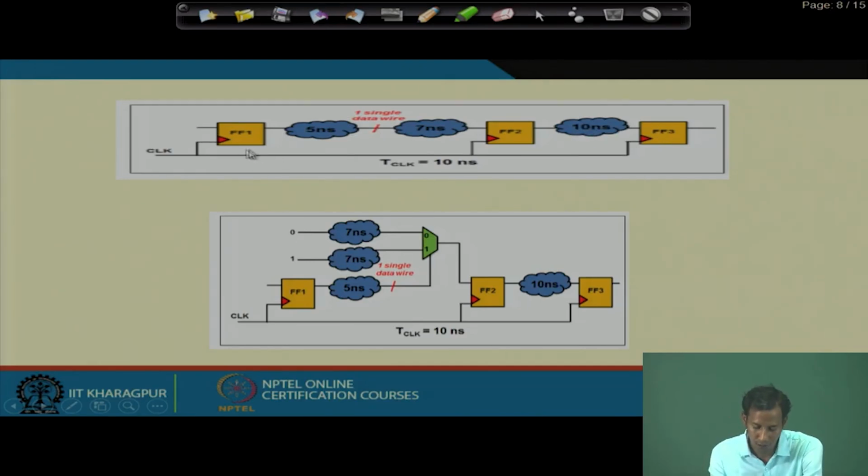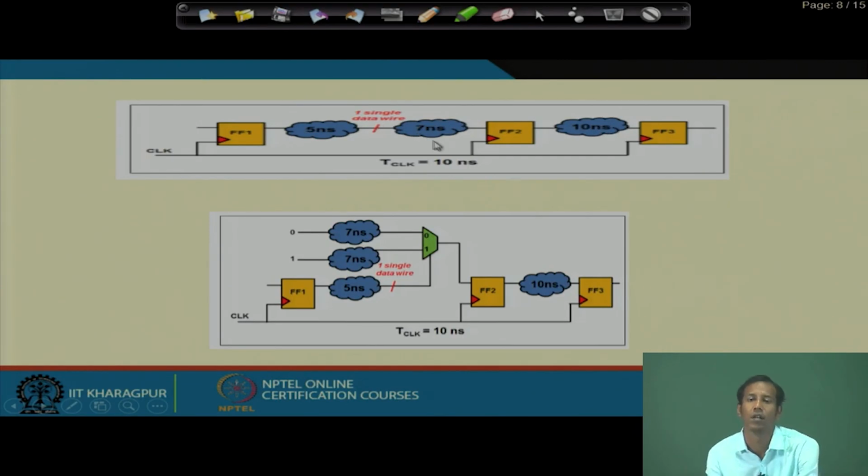So, the time period requirement will be how much? 5 plus 7, 12, but according to my constraint, I just need this T clock to be 10 nanoseconds, which is the maximum of this 10 nanoseconds.